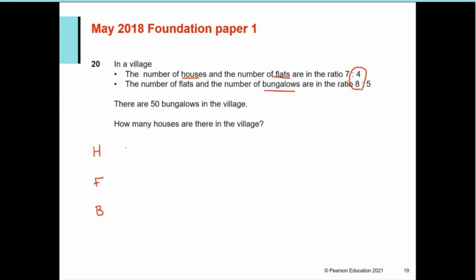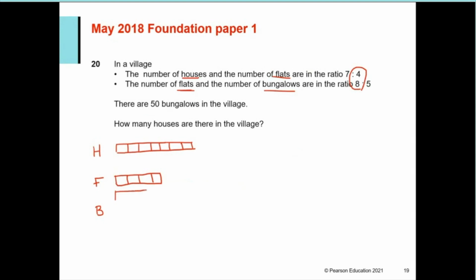So the number of houses, we've got 7 boxes for houses. For flats, we've got 4. And then our next one is we've got the flats to bungalows is 8 to 5.